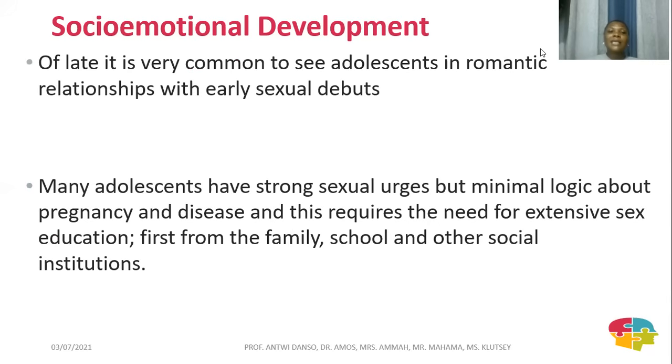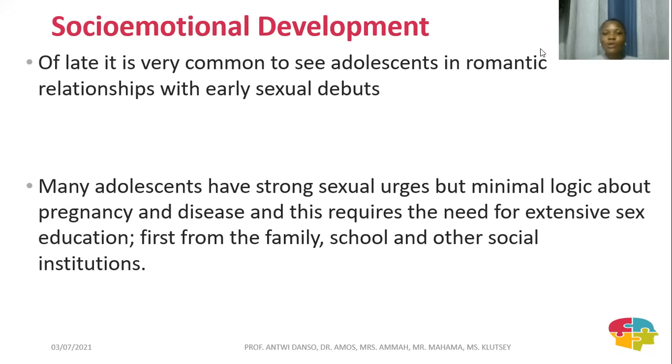Now, it is not uncommon to find that adolescents are having romantic relationships. So a 13-year-old girl or boy will have a girlfriend or a boyfriend, and they even want to experiment with sex. Research has shown that most adolescents have their first sexual debut or their first sexual encounter before age 16.